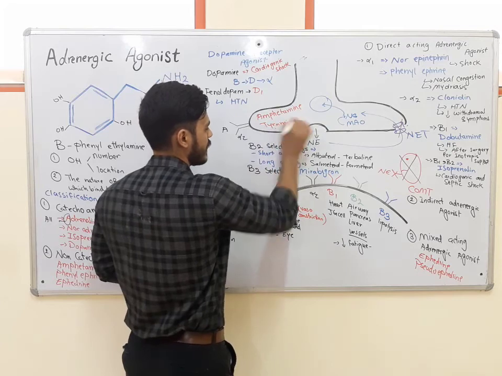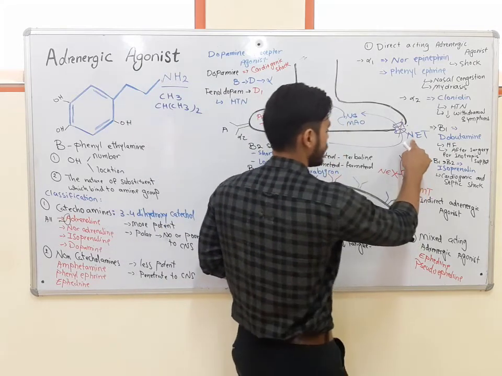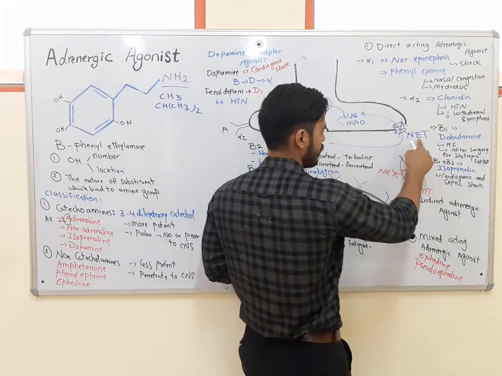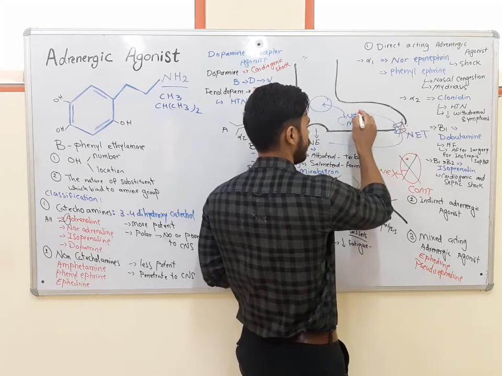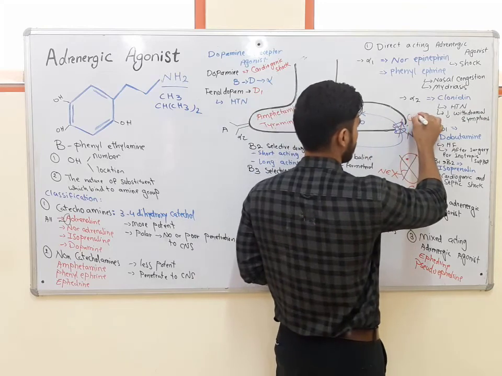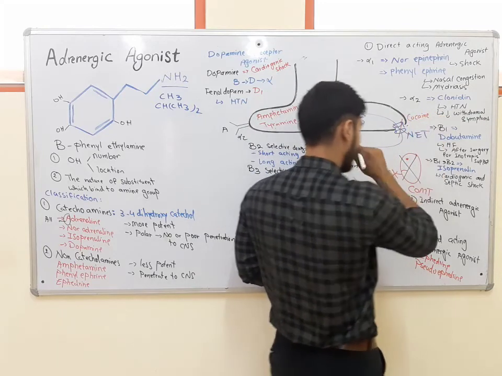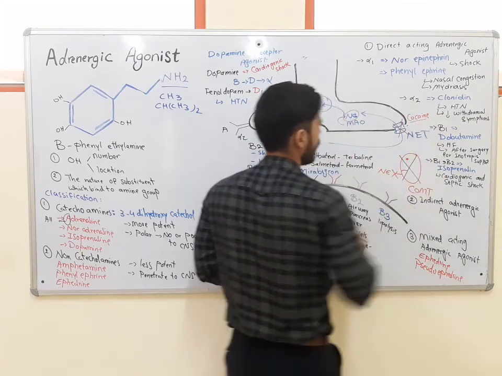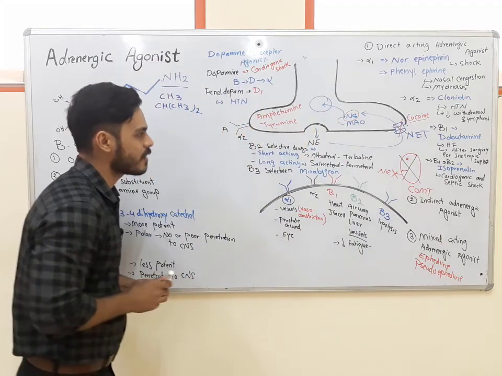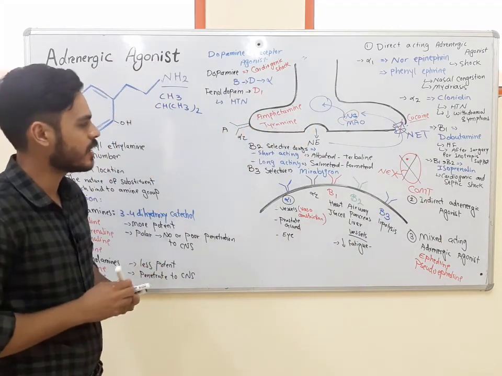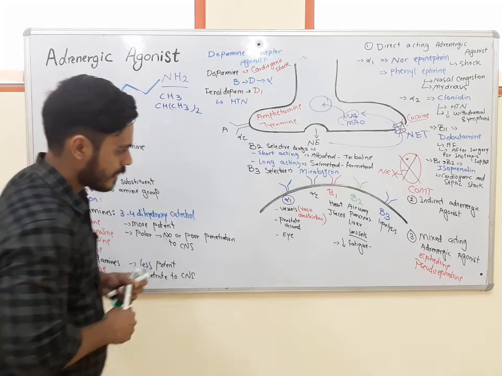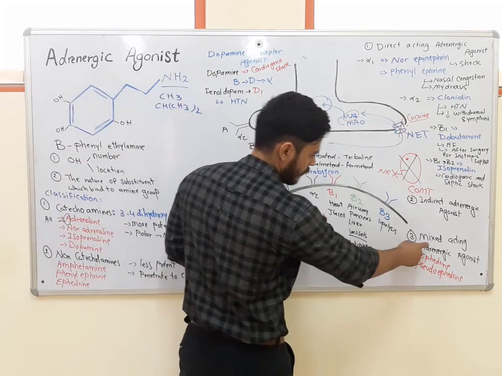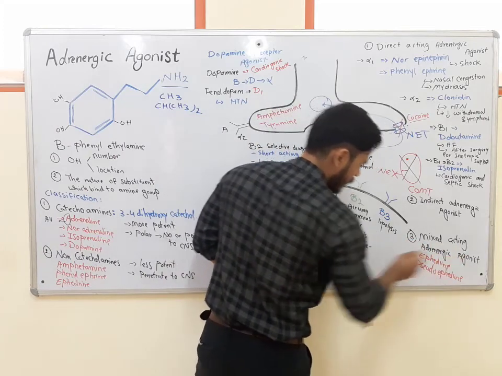And some of them can inhibit the NET, the norepinephrine transporter, which is responsible for reuptake of norepinephrine, for example, cocaine. This cocaine is a local anesthetic, but we are not using this drug or this chemical in the clinic.